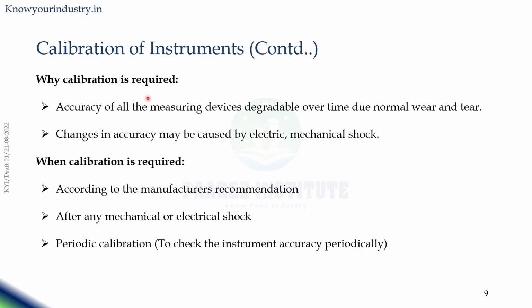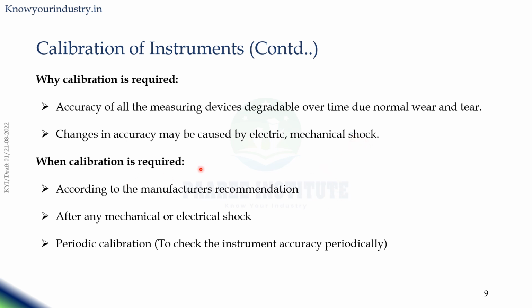Why is calibration required? The accuracy of the results of all measuring devices degrades over time due to normal wear and tear, and there can be changes in accuracy caused by electrical and mechanical shock. So we need to calibrate our instruments to ensure that we are getting accurate results.